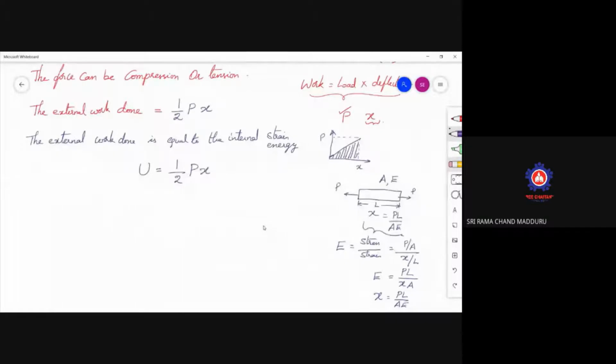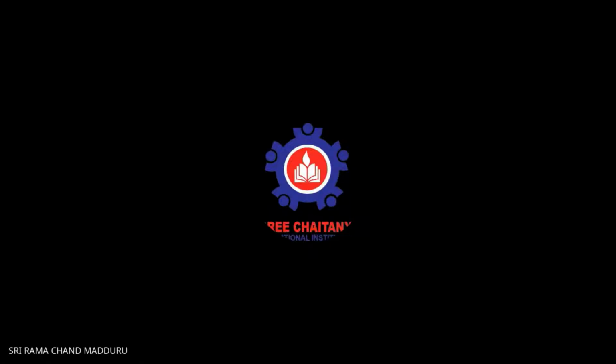Substitute this x value in the equation, U equal to half P into x, where x is PL by AE, which gives the strain energy U equal to half P square L by AE. So the strain energy stored in a bar which is subjected to axial compression or axial tension is nothing but P square L by 2AE.